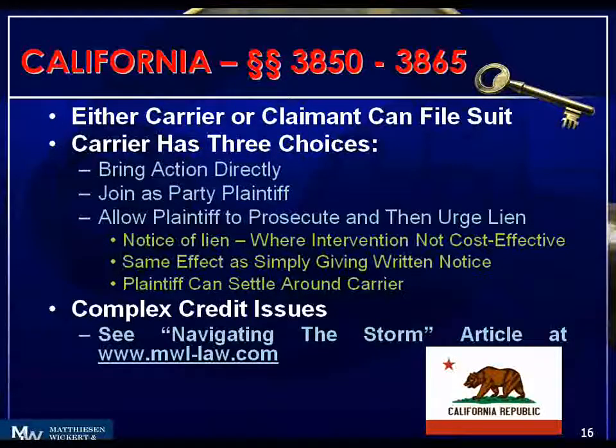Now, California has a rather complex credit issue, and it's really rather complicated in that there is a credit threshold that has to be overcome. Almost always in California, someone is going to allege the employer is negligent.